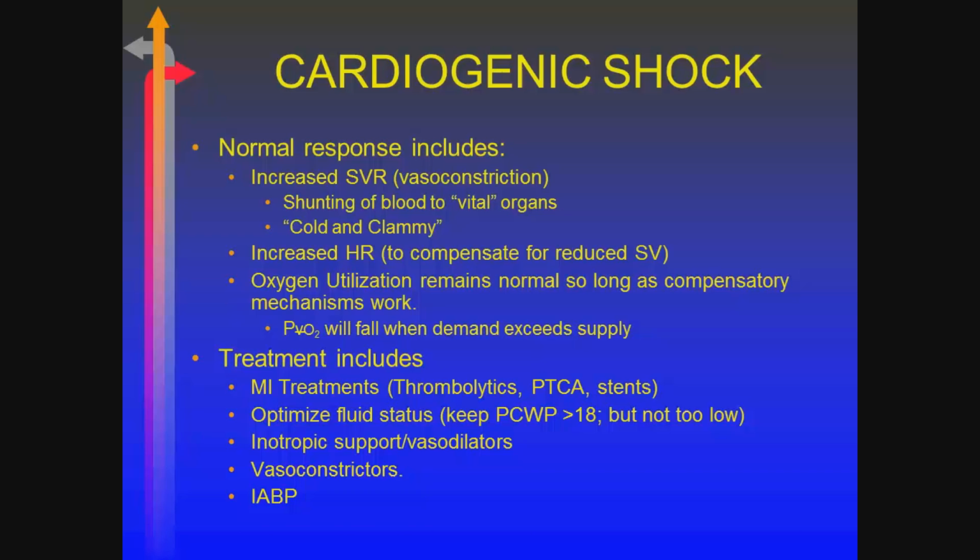We'll also do things like inotropic support, trying to maximize what contractility is left, getting the most out of it. So we'll use things like dopamine, dobutamine to try to improve it.